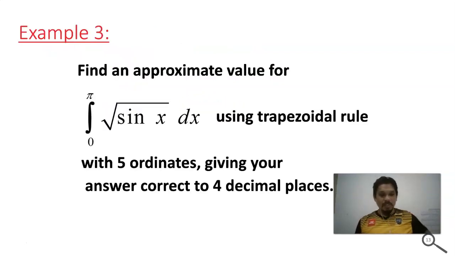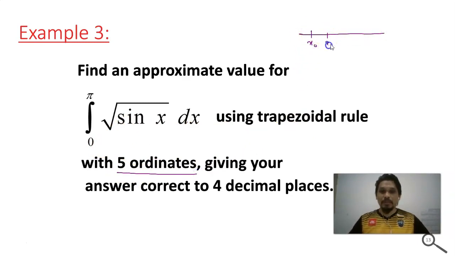Okay, what about this one here now? It mentioned here, this is the function represent the row with 5 ordinates. So that 5 ordinates, x0, x1, x2, x3, x4: 1, 2, 3, 4, 5.